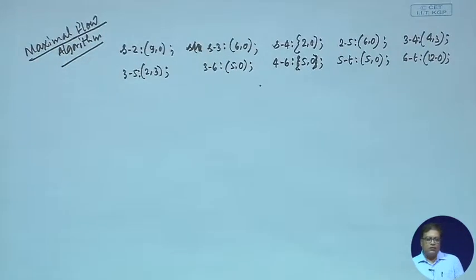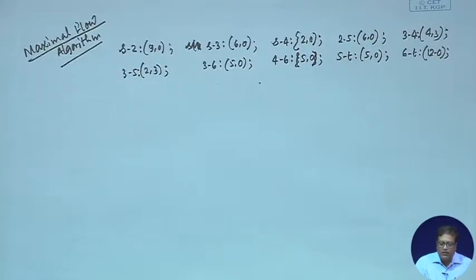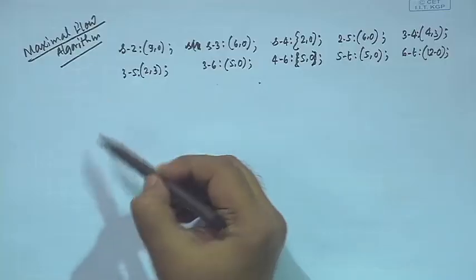So, this is the problem: S to 2 is 90, S to 3 is 60, S to 4 is 20, 2 to 5 is 60, 3 to 4 is 43, 3 to 5 is 23, 3 to 6 is 50, 4 to 6 is 50, 5 to T is 50 and 6 to T is 120. The first task is to construct the network diagram.